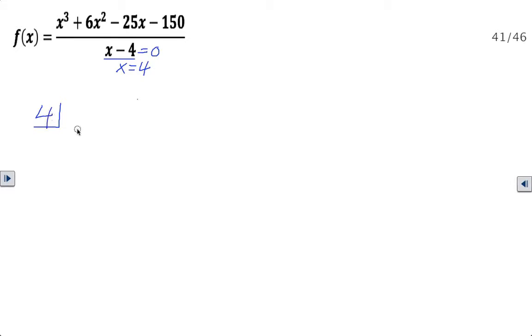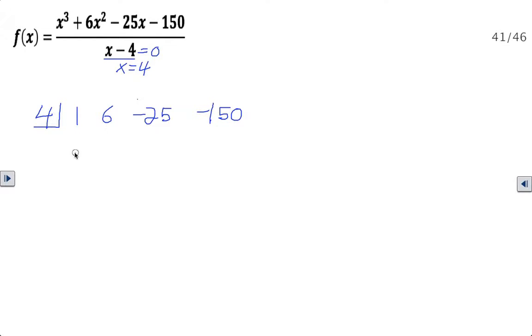So on this equation, because I can do synthetic division, I'm going to go ahead and do it. So I'm putting a 4 in my little corner box. My coefficients are going to be 1, 6, negative 25, and negative 150. So let's do 1, a 6, negative 25, and a negative 150.